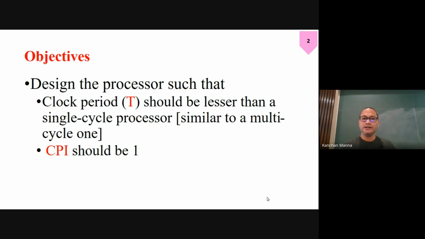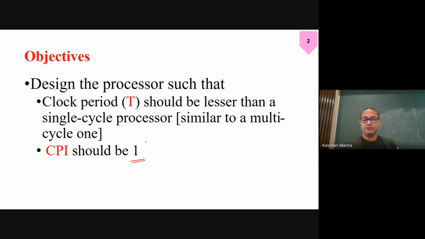So the objective is to design a processor whose clock period would be smaller than the single-cycle one, or at least equal to the multi-cycle one, and the CPI would be 1. If you remember, in the multi-cycle one the CPI was more than 1. So that is the objective.